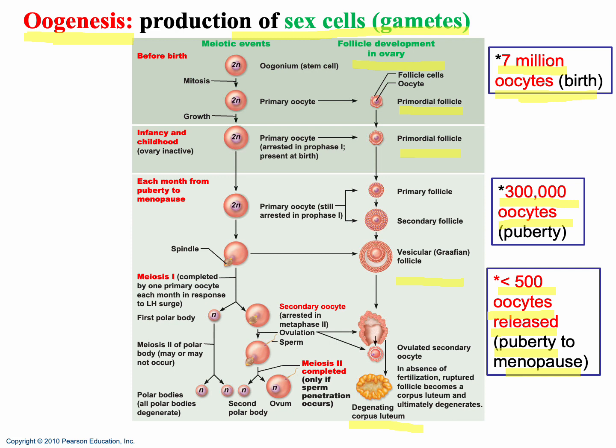So in some ways, this is somewhat similar to when we looked at spermatogenesis. You start with the stem cell, oogonium here, and eventually the growth here. And here we can see from actual puberty to menopause, where you end up with 4 daughter cells at the end. And then the ovum here occurs here if sperm penetration actually takes place.